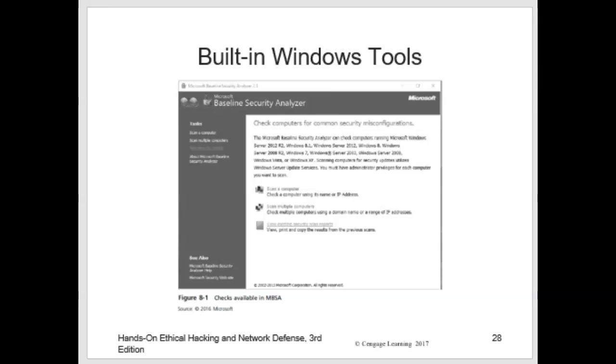Now, SolarWinds was in the news for a patch that went wrong, and it was hacked in a government system in late 2020, early 2021. OpenVAS we've talked about. That's an open source free vulnerability detection system. Nessus we've talked about in previous chapters.